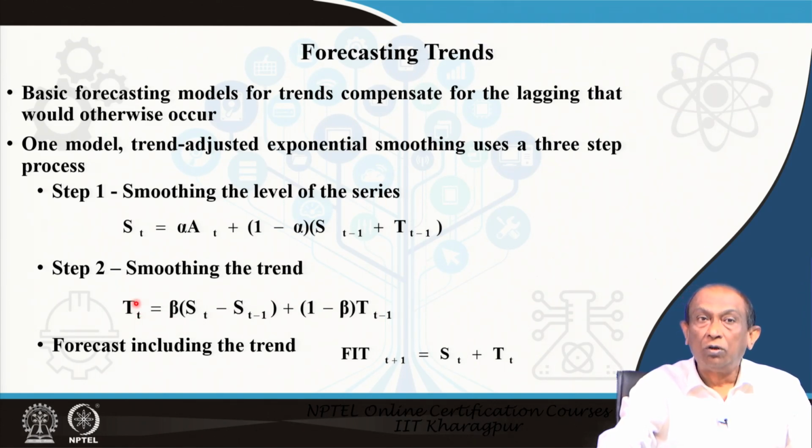So, the smoothed value of the trend factor at the period t is given by Tt, which is nothing but beta, the new smoothing constant, multiplied by St minus St minus 1, where St is given by this formula, plus 1 minus beta into the trend factor computed 1 period ago and denoted by Tt minus 1.